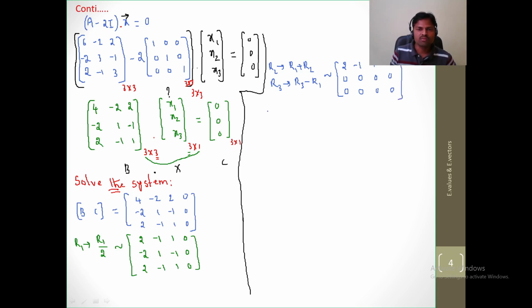Directly we can write without confusion. So R1 is modified now as R1 by 2, and this one is now 1, minus half, plus half, 0, and 0, 0, 0, 0 and 0, 0, 0, 0.